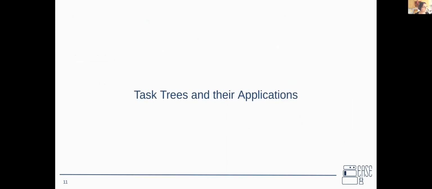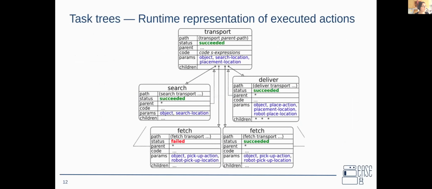And then based on these action descriptions, we can build the so-called task trees. And these are a runtime representation of all executed actions in the plan. So every time you perform an action description, a node is automatically created in a tree. For example, when we perform a transport action, a node is created, and then its child search and fetch actions, and so on.